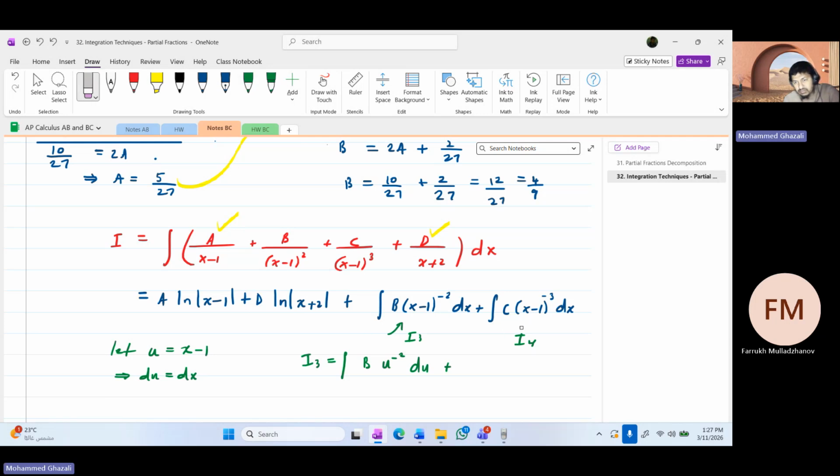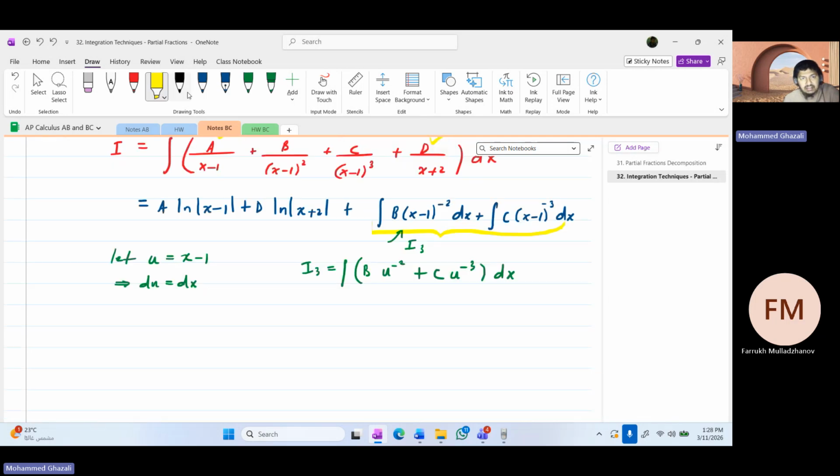You don't need to split them up, since it's the same u substitution. The whole integral is b u to the power negative 2 plus c u to the power negative 3, so we can just combine I3 and I4 like that, right?